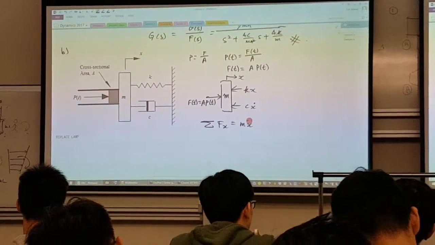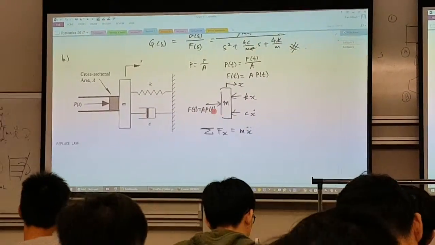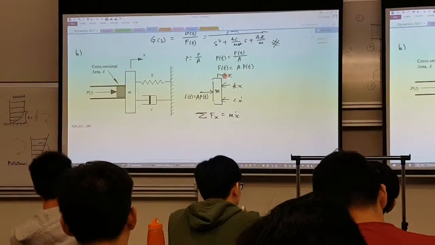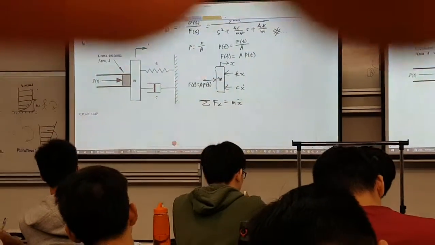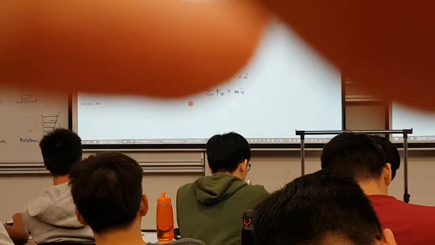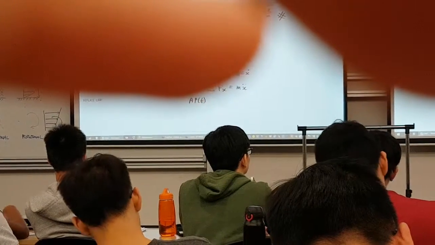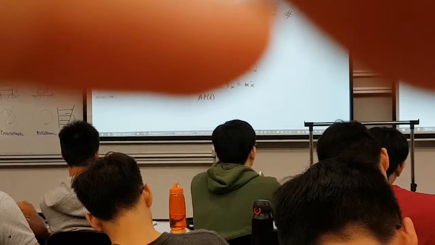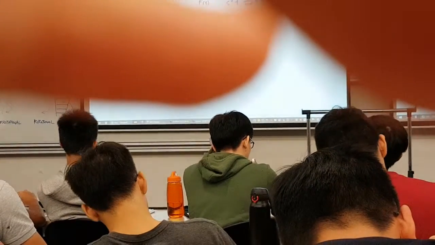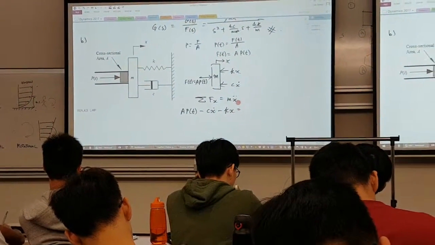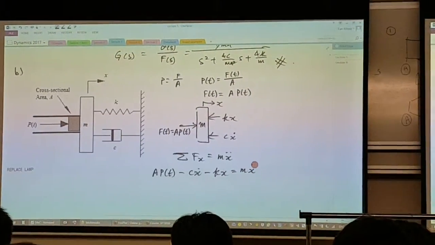That's the static condition. So summing up the forces, this force here is applying in the same direction as my convention, so it's a positive value. So that force is A times P(t). The other two forces are in the opposite direction of the convention. So minus C x dot minus Kx, and the whole thing equals m x double dot.